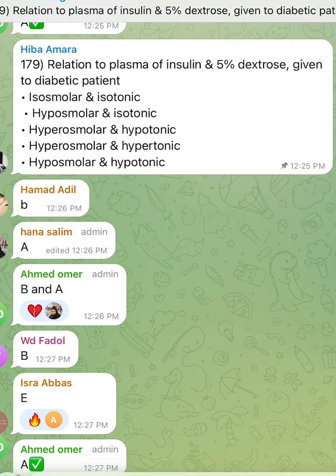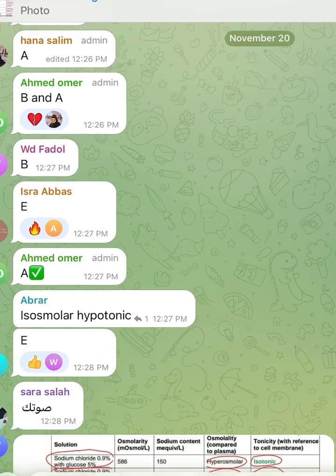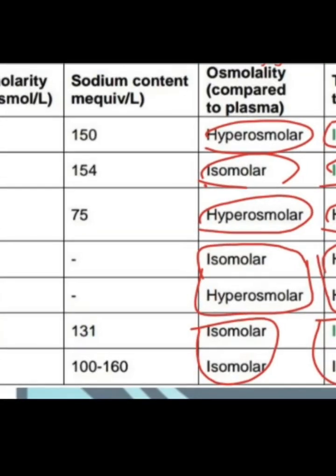Isoosmolar isotonic. 5% dextrose given to the patient. This is important. Sodium chloride is hyperosmolar. No, normal saline. Sodium chloride is isoosmolar isotonic, and glucose is isoosmolar hypotonic. If 5% dextrose is added to sodium chloride, then it becomes hyperosmolar.